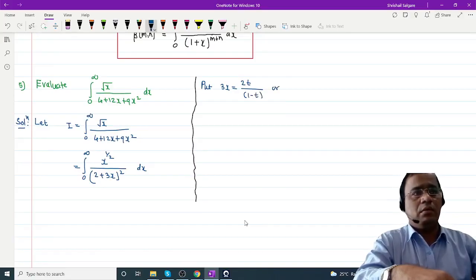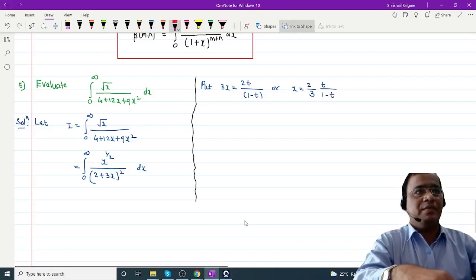So x is equal to 2 by 3 into t divided by 1 minus t. That is your substitution.